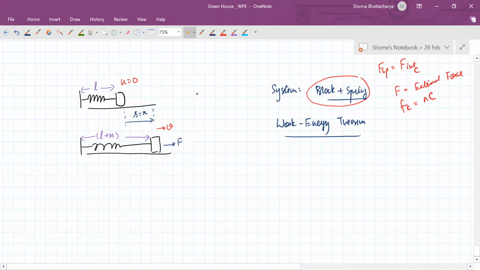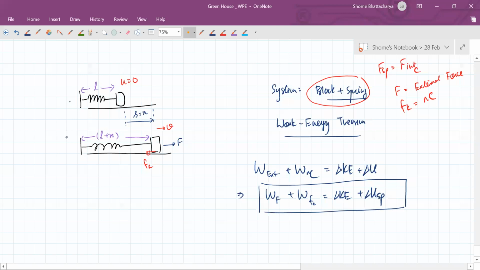So while this block is moving, work done by external and non-conservative forces is equal to change in kinetic energy plus change in potential energy. In general here it will become work done by F plus work done by kinetic friction is change in kinetic energy plus change in spring's potential energy.